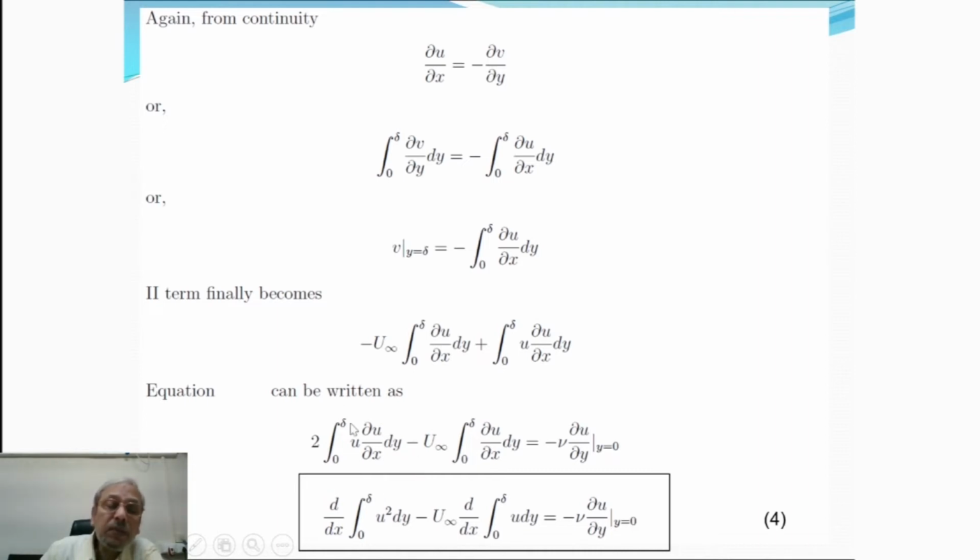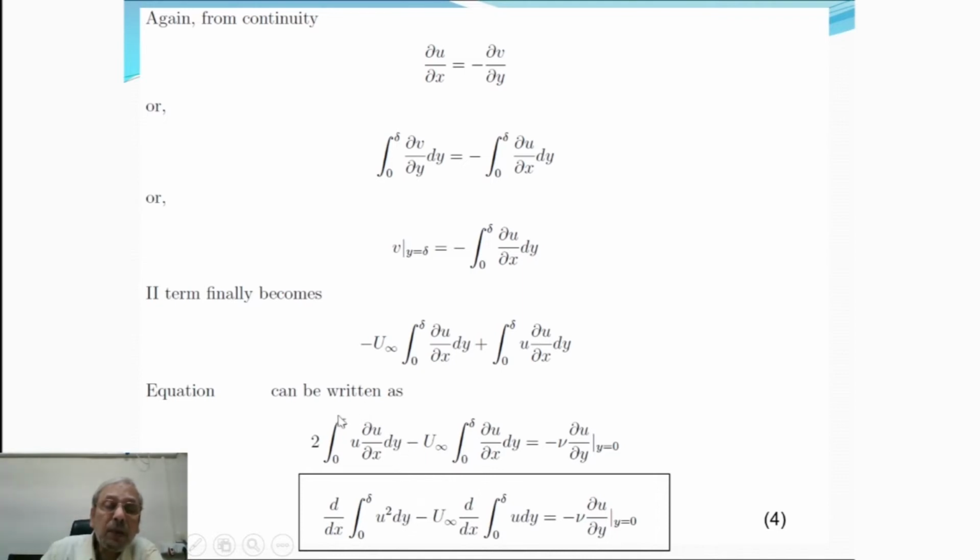Now you can see one operation, that is the differentiation which was within the integral sign, that differentiation operator has been taken out, and we have written d/dx of the integral 0 to delta u square dy.